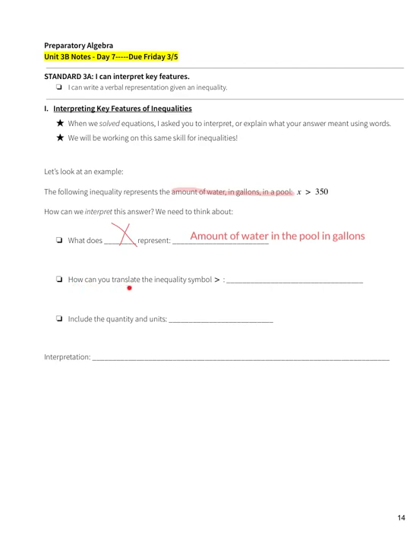So how can we translate the symbol? So we know the variable represents the amount of water. So what does this 350 represent? And what does this represent? Well, we know X is the amount of water in the pool. So the amount of water in the pool is greater than 350, or larger than, or more than. We know that this X is bigger than 350.